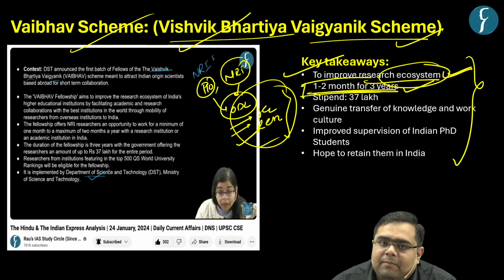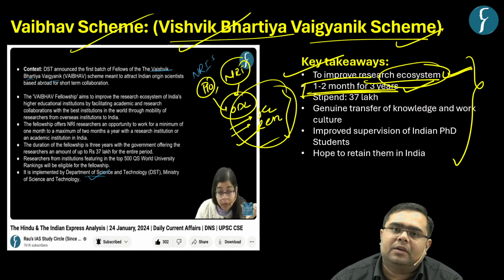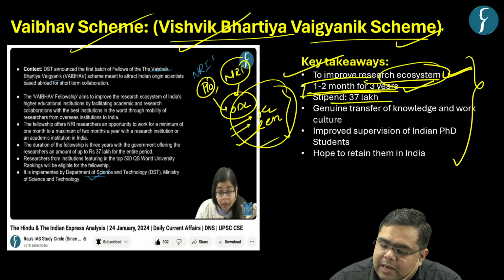So they can come here for 1 to 2 months maximum in a year, and then the scheme is cumulatively applicable for the next 3 years. That means, at most, a scientist can contribute 6 months of their research and share the results and best working methods with the Indian PhD scholars. Then the stipend would be 37 lakhs.